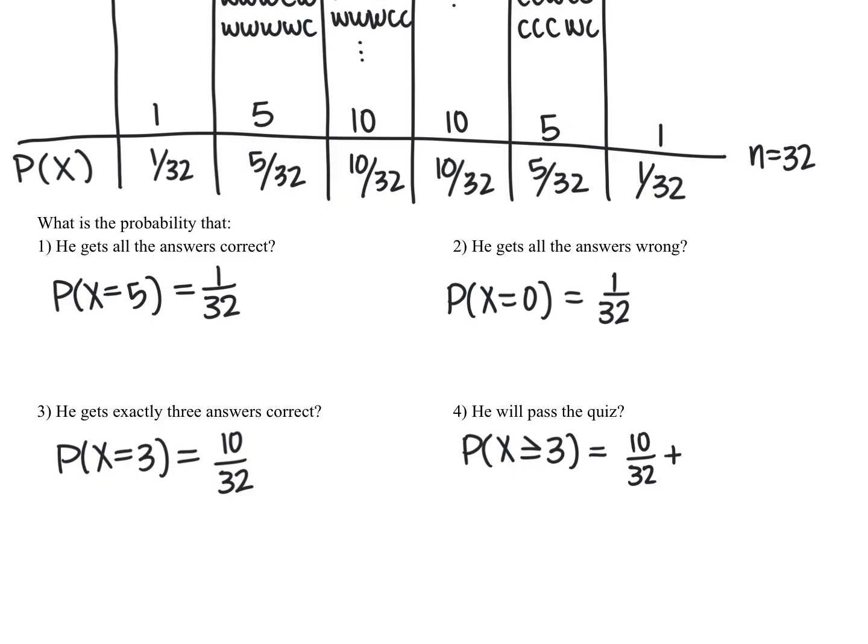Sorry, 10 out of 32 plus 5 over 32 plus 1 over 32. So that's going to be 16 over 32, which is 1/2. So there's a 50% chance that he passes the quiz.